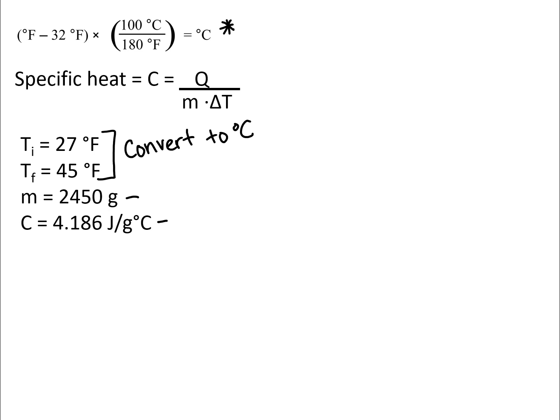Okay. So I'm going to rely on you to practice that and make sure you're good on that. And if you want to do this problem as practice, you can do that and make sure that you get the conversion from Fahrenheit to Celsius. So you have to do that first. Then you calculate delta T. Once you do that, you can plug everything in and you just rearrange the equation. And I'll show you how to do that.